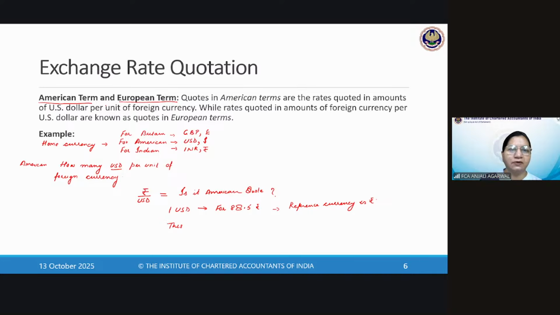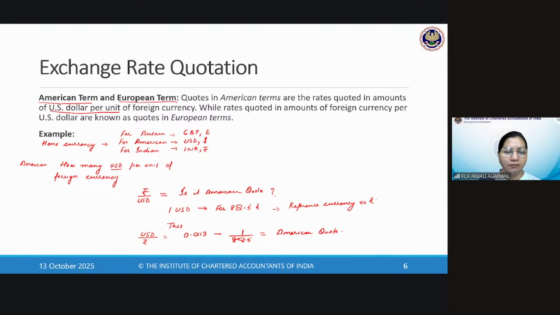What is an American quote? Where how many US dollar per unit of foreign currency. Had I written it inversely, how many USD? Then it would have become 0.0113. How do you calculate that? 1 divided by 88.5. This becomes an American quote, 0.0113.